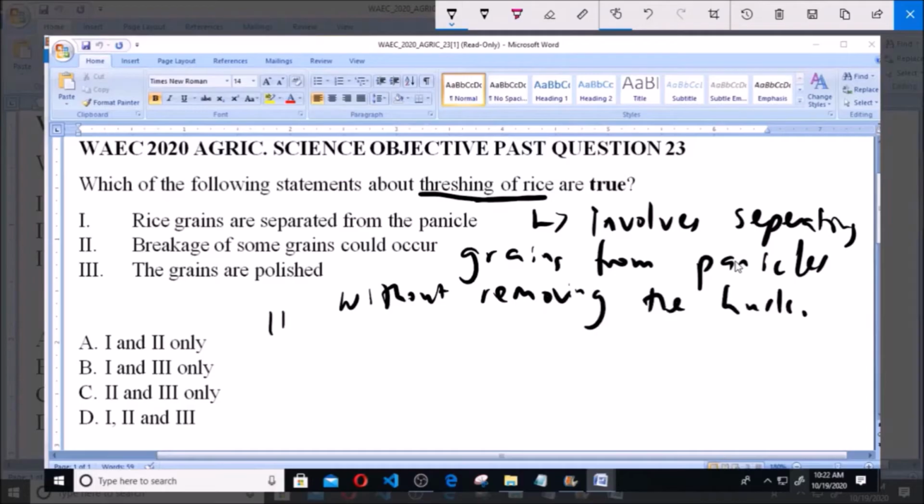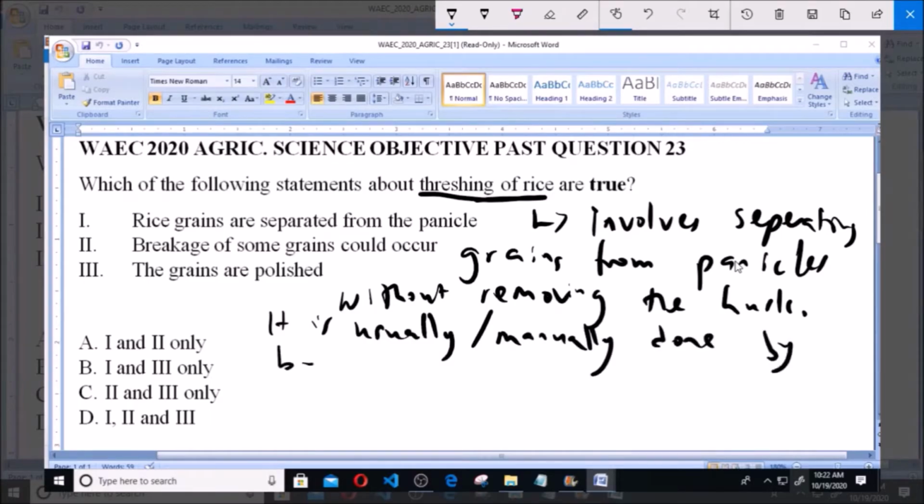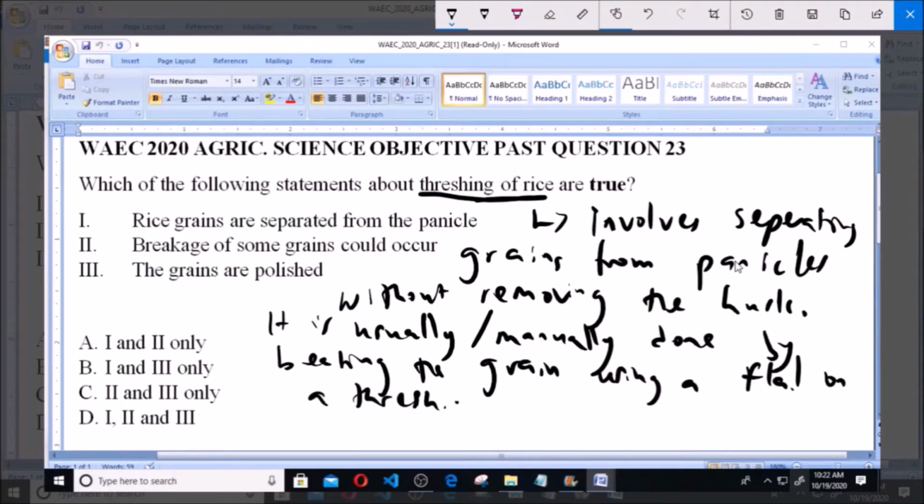It is usually done manually by beating the grain using a flail on a threshing floor. So it's more or less like beating the grain on the floor. So that is how threshing of rice is done.